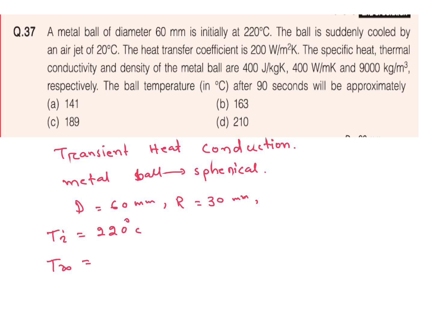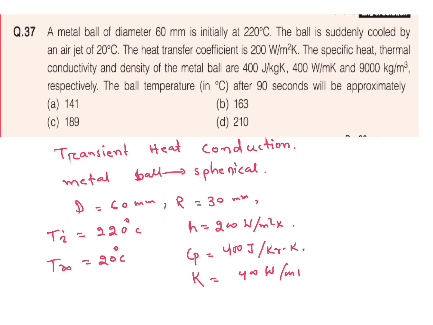Heat transfer coefficient h is 200 watt per meter square Kelvin. Specific heat Cp is 400 joule per kg Kelvin. Thermal conductivity k is 400 watt per meter Kelvin, and density is 9000 kg per meter cube. Time is also given, t is 90 seconds.